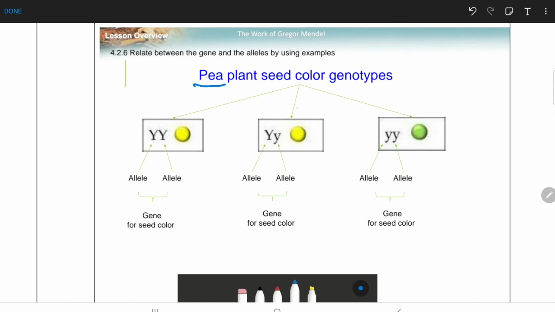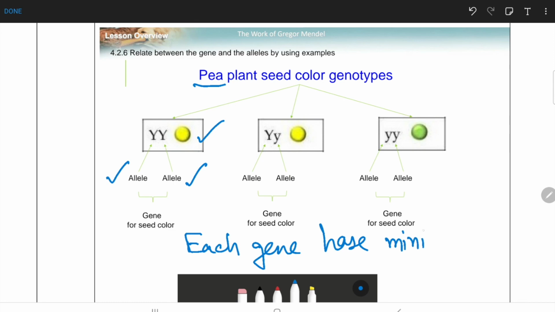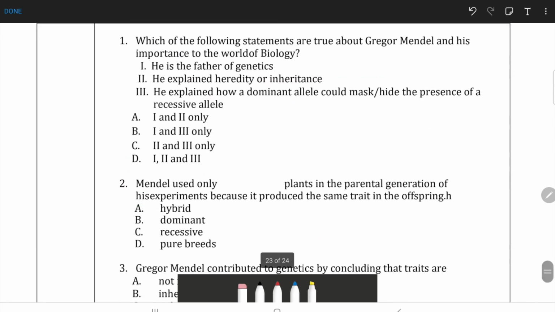Here the pea plant, based on the seed color is yellow, capital Y, capital Y, it's like an allele. Then this is the second allele. So it means that each gene has minimum two alleles. Okay, last one is done.